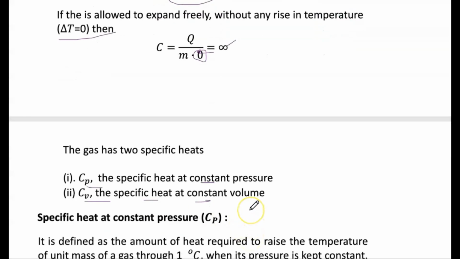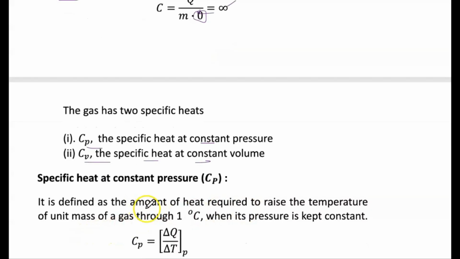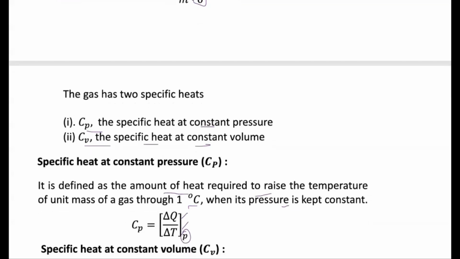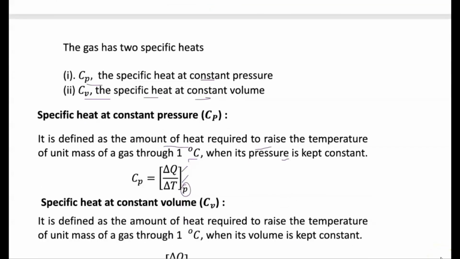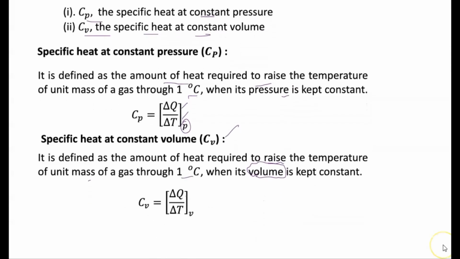What is the definition of CP? It is the amount of heat required to raise the temperature of unit mass by 1 degree centigrade when pressure is kept constant, delta Q upon delta T. Similarly, CV is the heat required to raise the temperature of unit mass by 1 degree centigrade when volume is kept constant, delta Q upon delta T at constant volume. These are the two definitions for CP and CV.